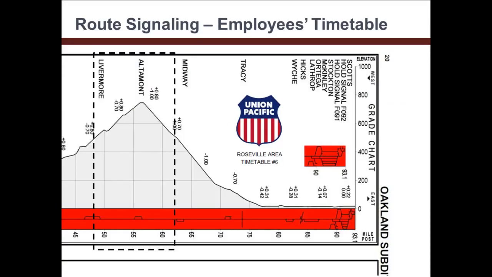For route signaling, speed limits are indicated in the employee's timetable for both straight and diverging routes. An excerpt from Union Pacific's Roseville area timetable is shown. At the right is the scale for elevation change. Across the bottom are the milepost numbers. At Altamont, east of San Francisco, there is an 800-foot grade change between mileposts 50 and 60.